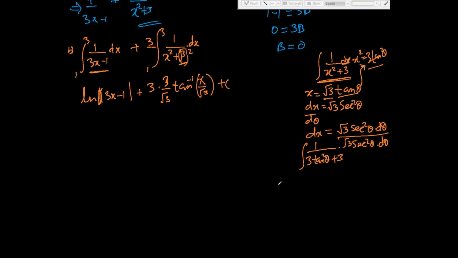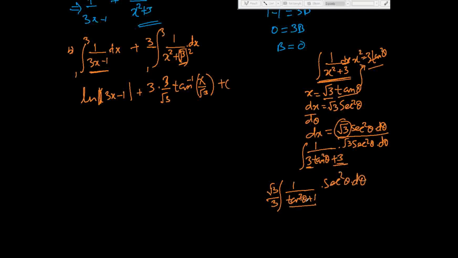So now it becomes, 3 can be taken common from these two, so it becomes 1 over 3, square root 3 also here. This is square root 3. I'm writing outside the 3 I took from these two, so we're left with tan square theta plus 1. And on top we have secant square theta d theta left.